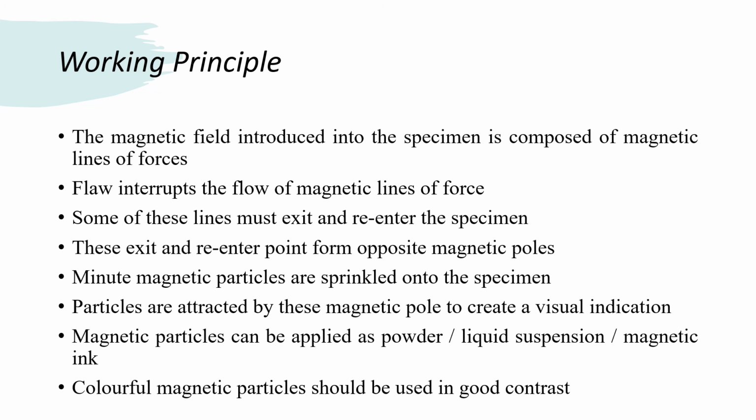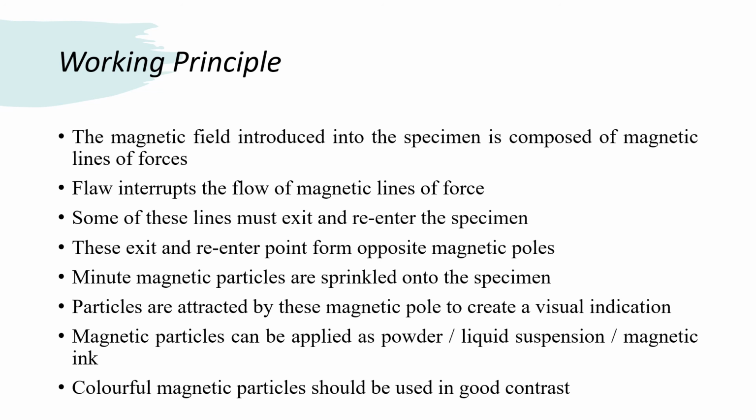So students, the working visual: the magnetic field introduced into the specimen is composed of magnetic lines of force. Flaws interrupt the flow of magnetic lines of force. Some of these lines must exit and re-enter the specimen. These exit and re-entry points form opposite magnetic poles.